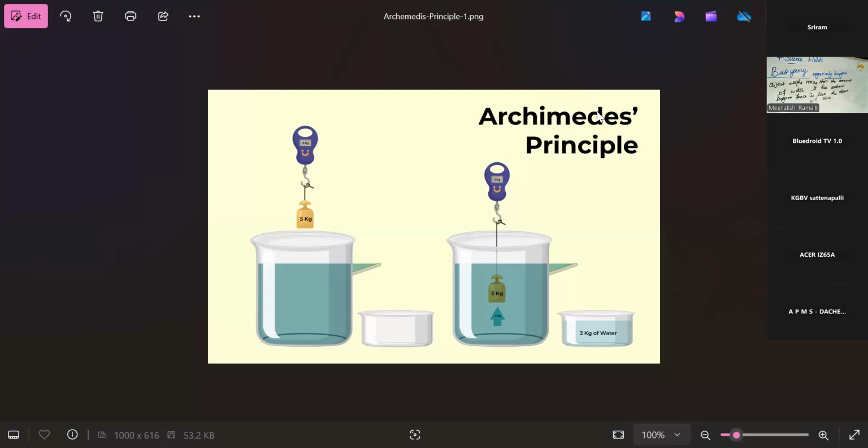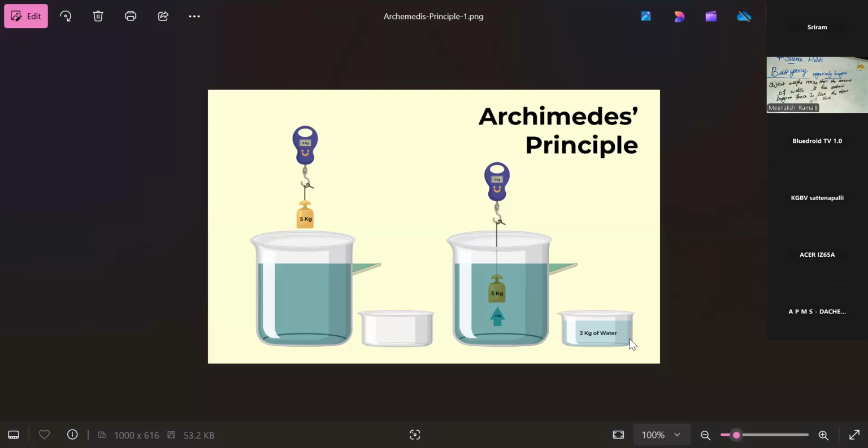When a body is partially or completely immersed at rest, the upthrust, which is the buoyant force, acts on it and water comes out of that area. Automatically the same amount of water is removed from that place.